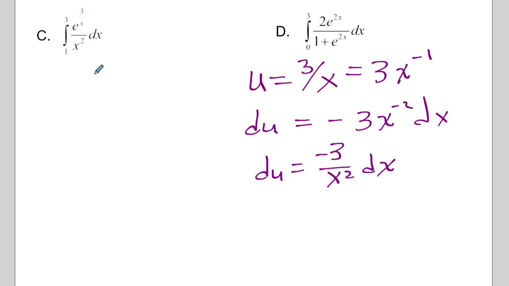Well, we need 1 over x squared dx. So I'm going to divide both sides by negative 3. So du over negative 3 equals 1 over x squared dx.